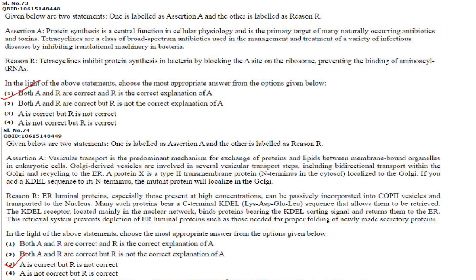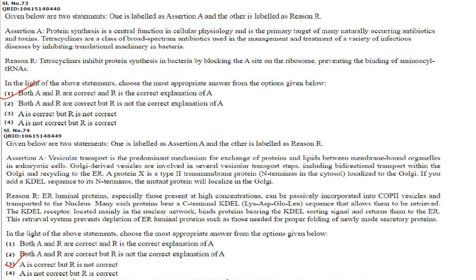Then next one. Vesicular transport is the predominant mechanism for exchange of protein and lipid between membrane-bound organelles in eukaryotic cells. Okay. Golgi-derived vesicles are involved in several vesicular transport steps, including bidirectional transport within the Golgi and recycling to the endoplasmic reticulum. A protein X is the type 2 transmembrane protein localized to the Golgi.